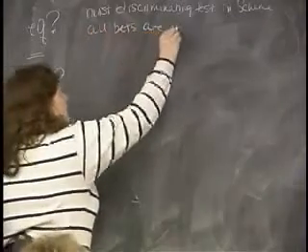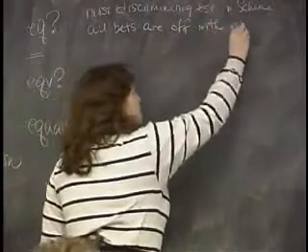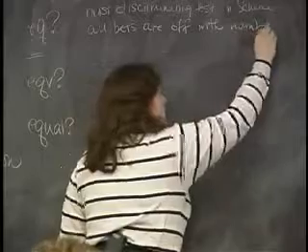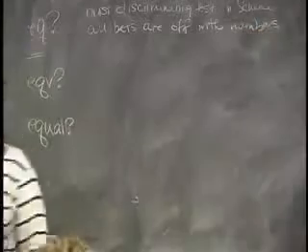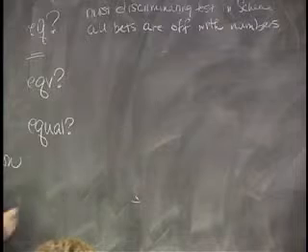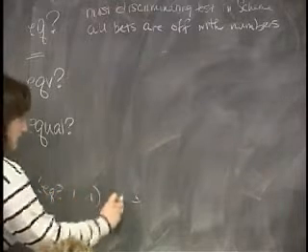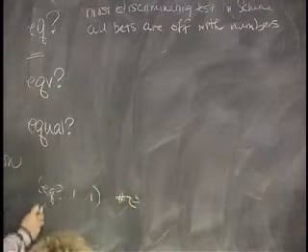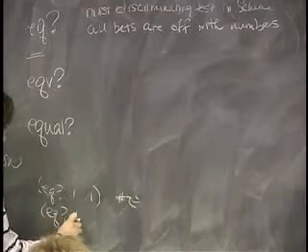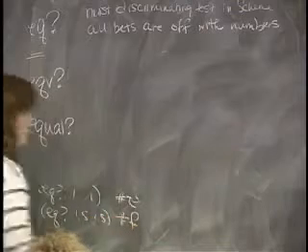all bets are off with numbers. You should not use EQ on numbers, because some numbers will be EQ. For example, if we say EQ 1, 1, that will return true. But if you say EQ 1.5, 1.5, it's going to be false.